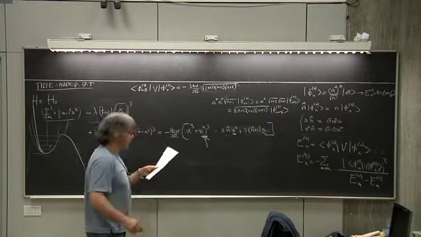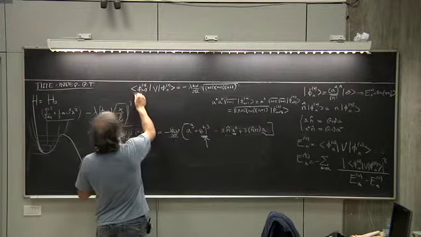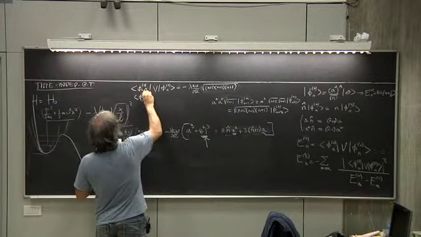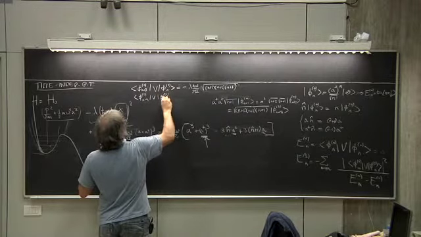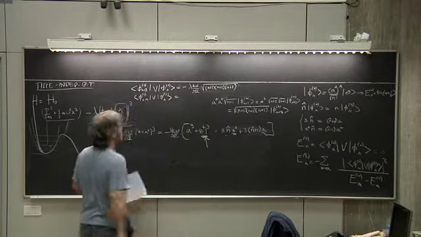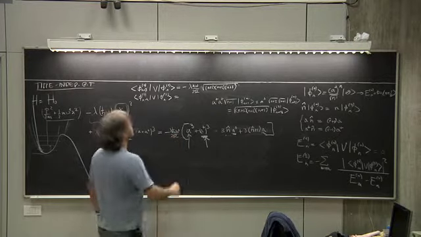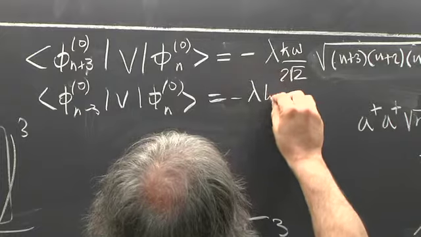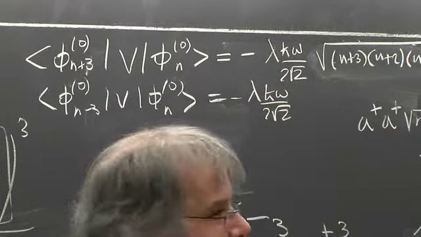Let's see if we can fish out the others. For instance, there will be the matrix element with n minus 3. Who is responsible for that? You immediately see, it is this. So what is the coefficient? Well, the thing in front is the same, but now it's a rather than a dagger.